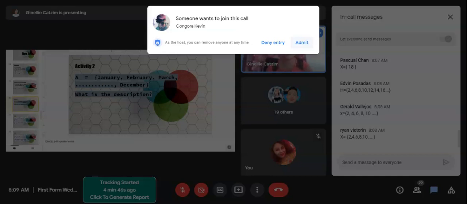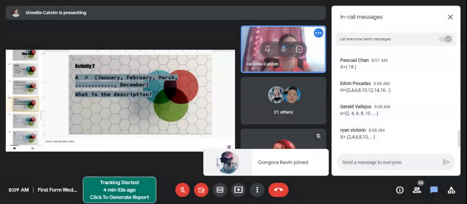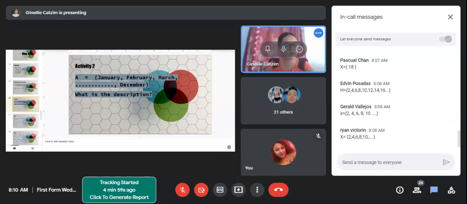Briefly do that quickly, because we will go step by step with this notation. The description that you mentioned is months of the year, right?